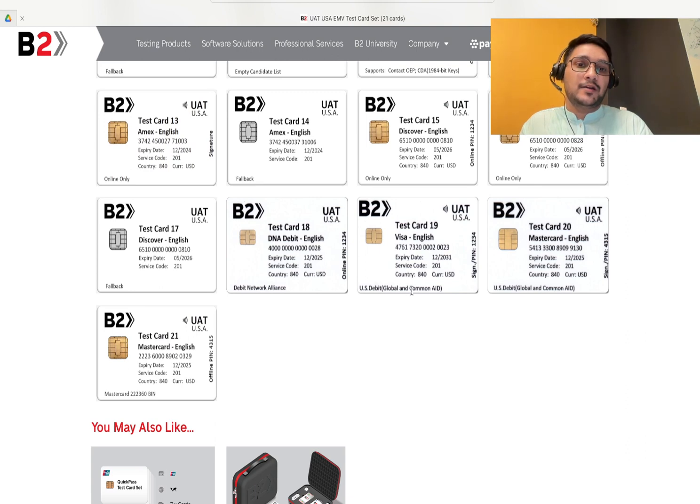Global and common AIDs. AID stands for application ID. Application ID is something like this: this single card can contain information of more than one card, either two cards or three cards. In the US, it normally happens that one card can contain more than one application ID.